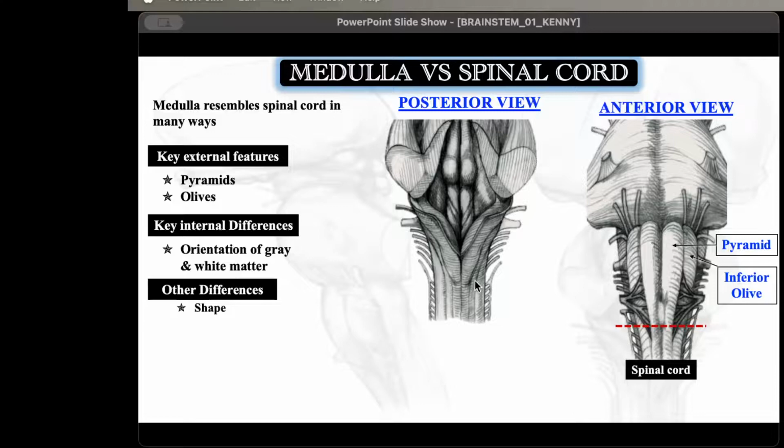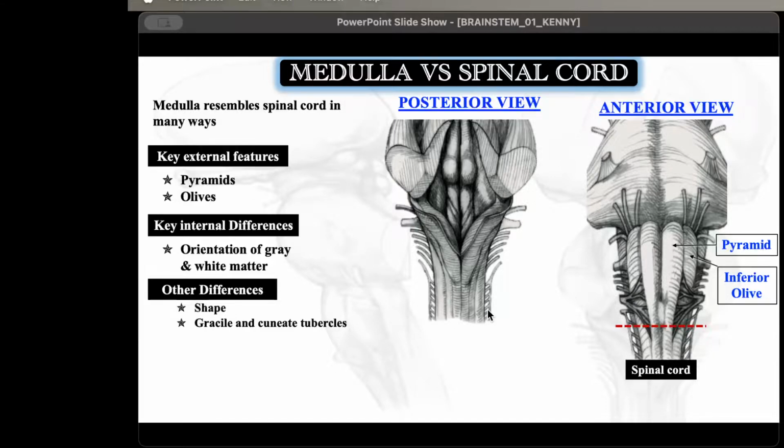As you can see, it becomes a cone, like an inverted cone. And another thing is the tubercles for gracilis and cuneatus. They are wider on the medulla as compared to the fasciculus gracilis and fasciculus cuneatus.